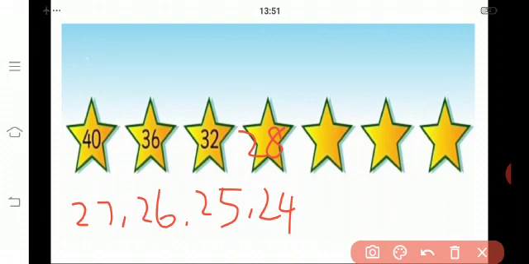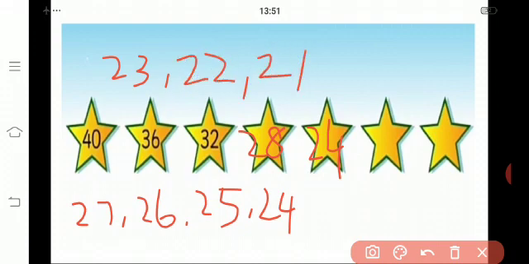If you go backward 4 times, we get 24. Then 24 before, 23, 22, 21, then 20. So we get the next number 20. Okay children, do you understand?